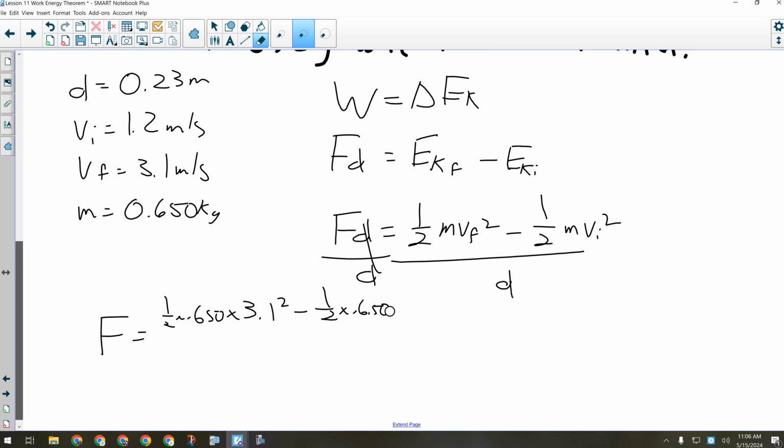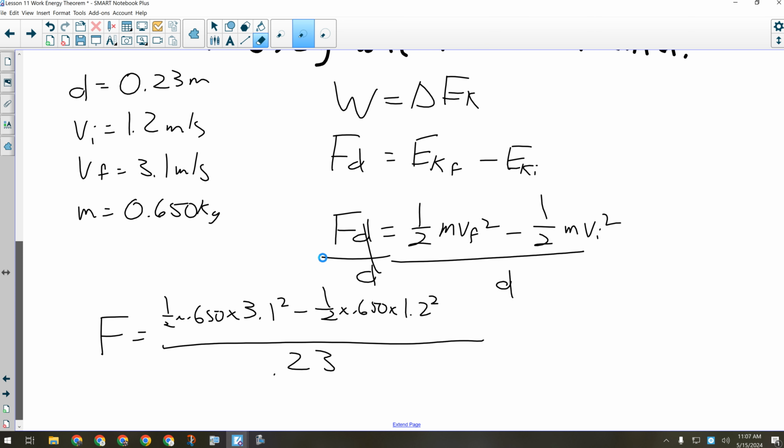I put 2 decimals in there, I only need 1. 0.650 times 1.2 squared. Divide all that by 0.23 meters. What do you suppose the most common mistake is here? Forgetting to square. Most common mistake in work energy theorem questions.